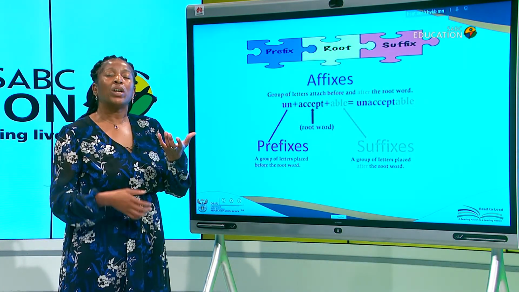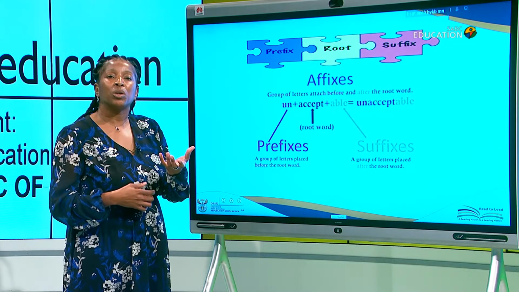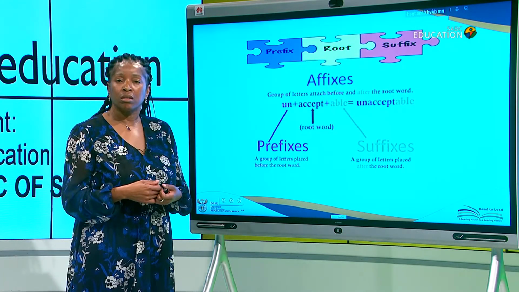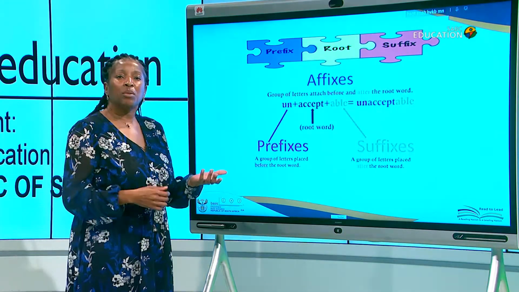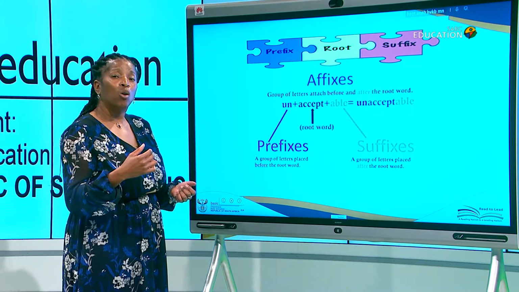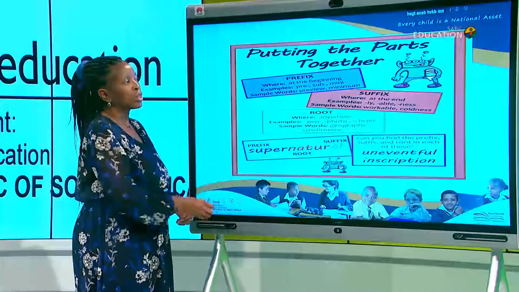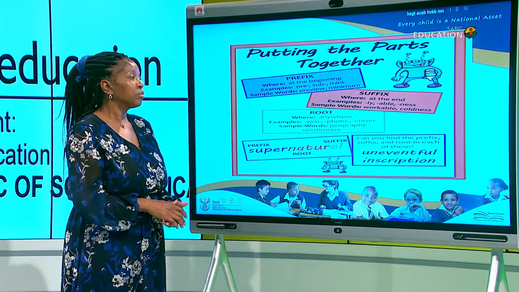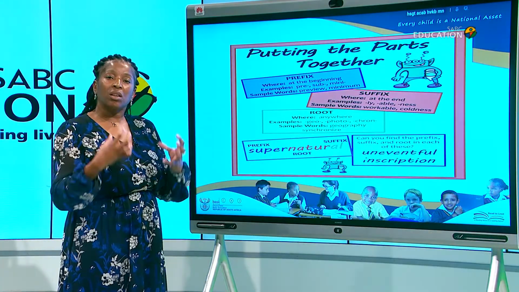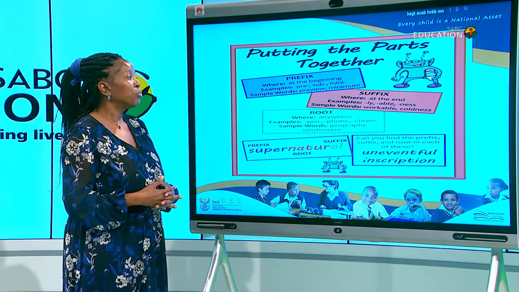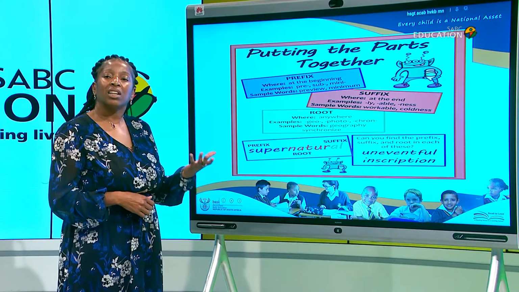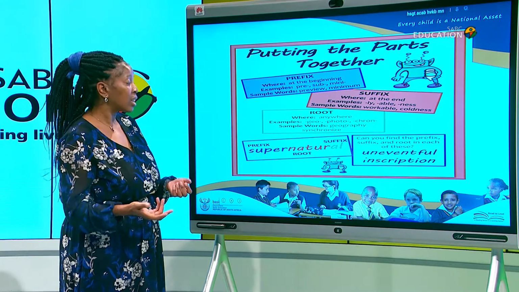And we can change the meaning of that root word by adding affixes. An affix can come in the form of a prefix or a suffix. If we put them all together, a root is the main word, the stem word, and the prefix, you see it at the beginning, and a suffix at the end.